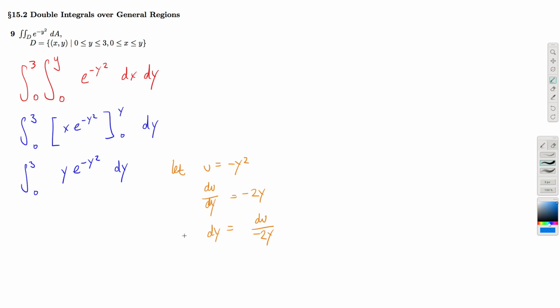So then we come back here and we go 3, 0, y, e to the u, and we remember that dy now equals this, so we sub this in, du over negative 2y. Having done this, we realize that we can cancel our y's out, and then we can take out negative 1/2 to the front because it's a constant, and we're left with this equation.